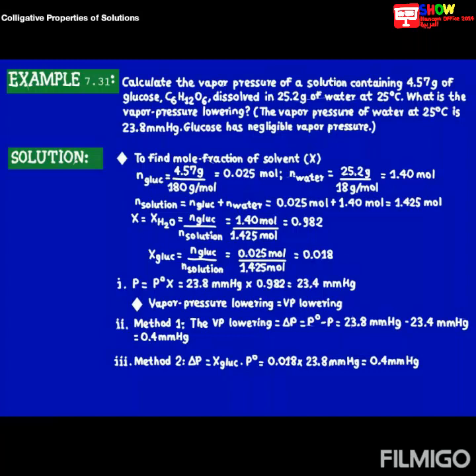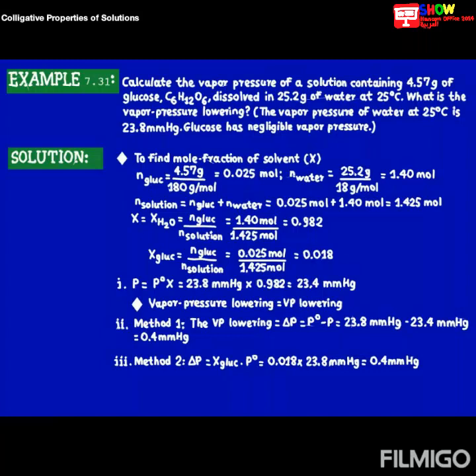To find the mole fraction of solvent, the number of moles of glucose is 4.57 gram divided by 180 gram per mole, which is equal to 0.025 mole, and the number of moles of water is 25.2 gram over 18 gram per mole, which is equal to 1.40 mole.